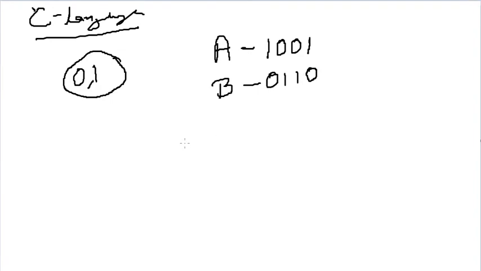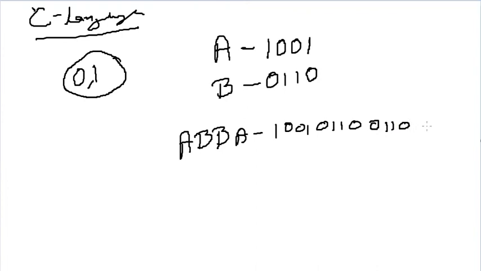Suppose I want to give our microprocessor a command to write A. I press A on my keyboard, and we have designated, just for example, 1001 in 4-bit for A, and 0110 for B. Then we can write ABBA, which will be 16-bit: 1001 for A, 0110 for B, 0110 for B again, and 1001 for A again. So this is the meaning of ABBA.